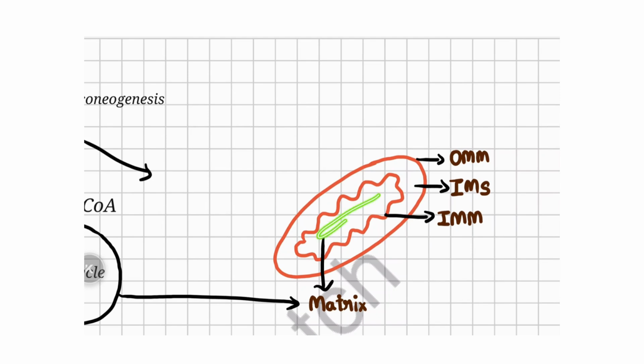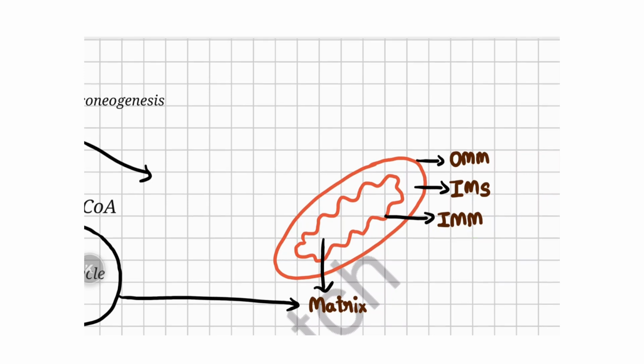And the innermost part is called the matrix. And the matrix is where the TCA cycle occurs. And one more thing that I need you to know is the entire electron transport chain is actually embedded on the inner mitochondrial membrane.